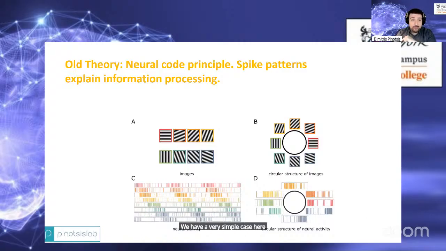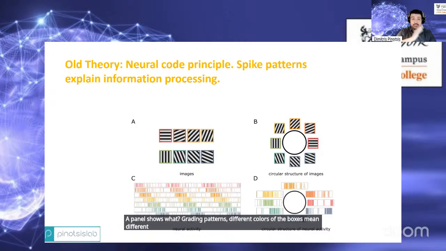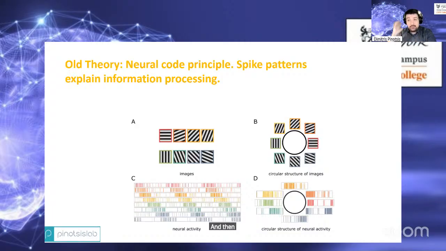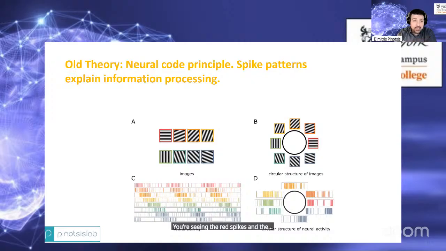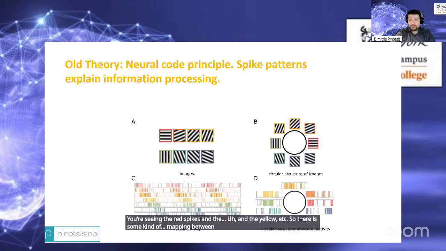On the top left, panel A shows grating patterns, where different colors of the boxes mean different orientations, 0, 30, 60 degrees, etc. The corresponding activity in primary visual cortex is shown on the bottom panel, C. You see the red spikes and the yellow, etc. So there is some kind of mapping between what you see and what is coded in the spiking activity.